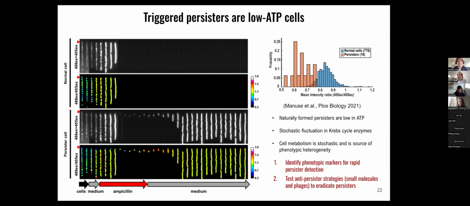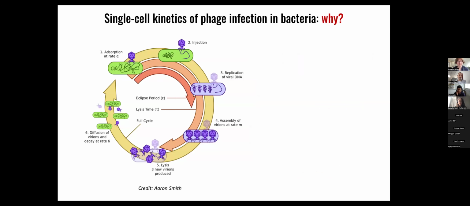Thanks. So in the last phase of my talk, I'll talk about a new research direction that we're taking to understand how phage infection is also affected by the physiological heterogeneities of bacteria. And like an antibiotic, every single step of a phage infection process is strongly dependent on the physiological nature of the bacteria, because phages are obligate parasites, so they rely on the host resources.